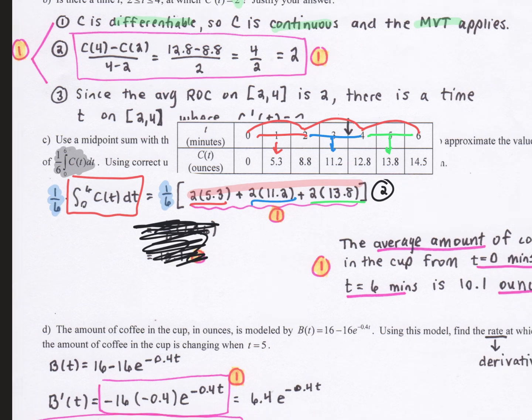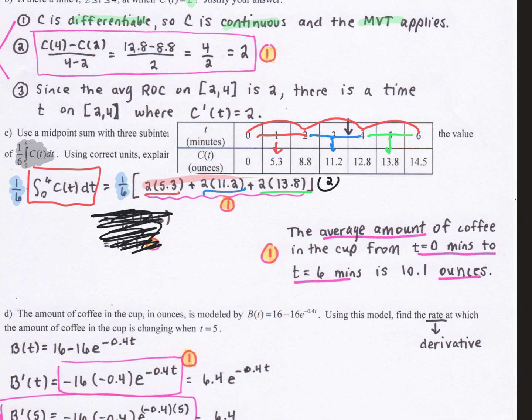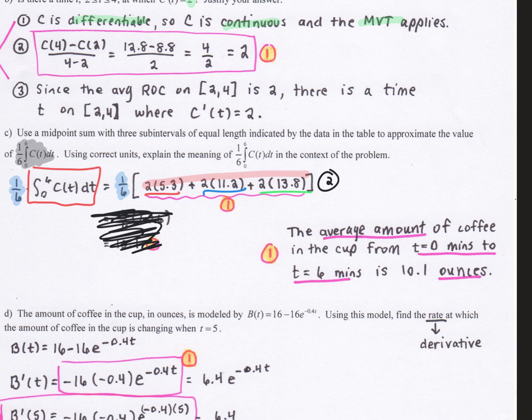I'm also asked to explain the meaning of that integral. Any integral explanation needs 3 parts. You need to say what it is, units, and what the limits mean in the context of the problem. For this particular one, the fact that I see a 1/6 hanging out in front is a red flag that this is an average value. And it's the average value of whatever is sitting as my integrand, which is C, which is defined to be the amount of coffee in the cup.